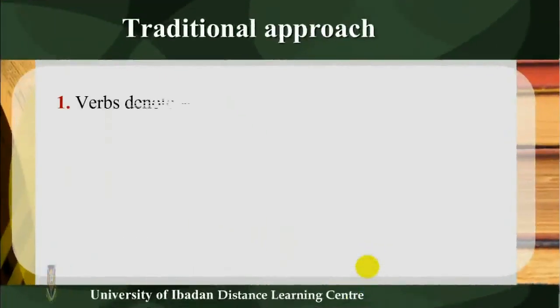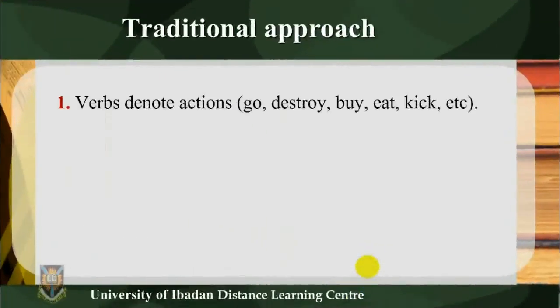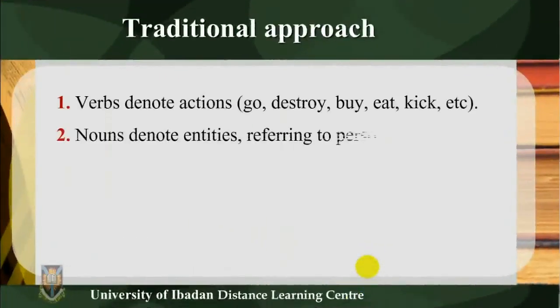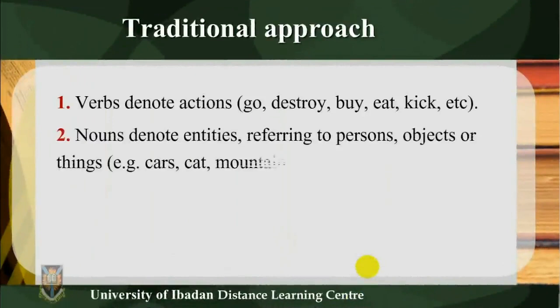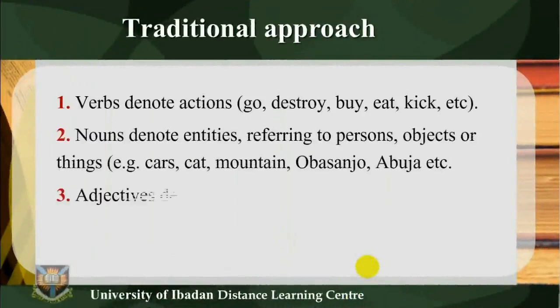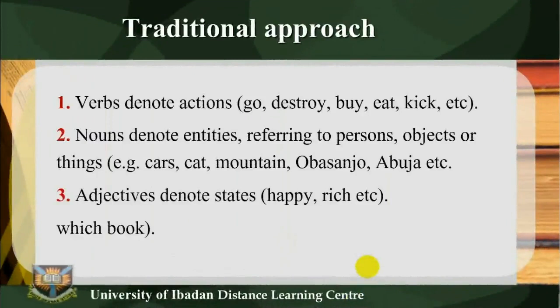1. Verbs denote actions: go, destroy, buy, eat, kick, etc. 2. Nouns denote entities, referring to persons, objects, or things. Examples: cars, cat, mountain, Obasanjo, Abuja, etc. 3.